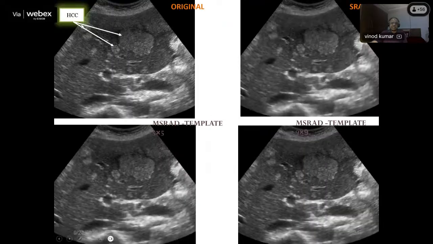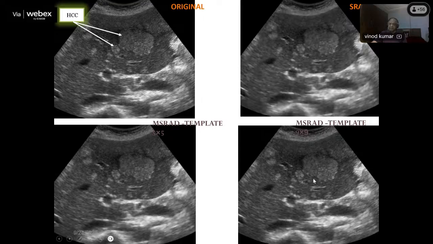See, this is an HCC image. This is the image after the SRAD operation. We want to reduce this speckle noise and enhance the boundary, so this is not giving a good result. This is with the 5 by 5 template.